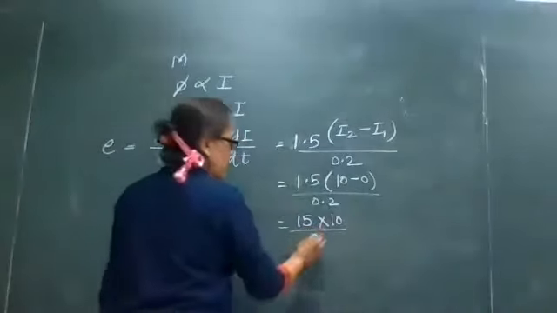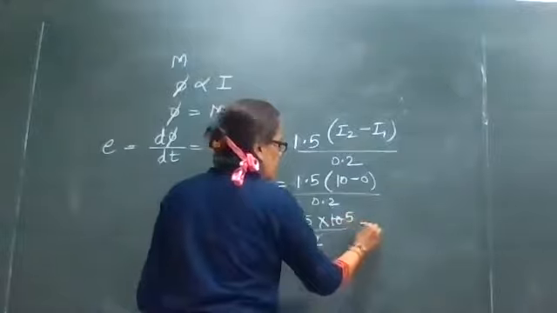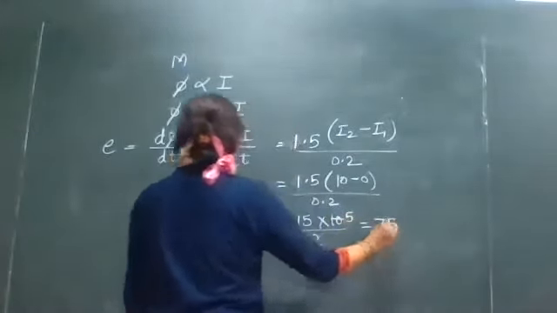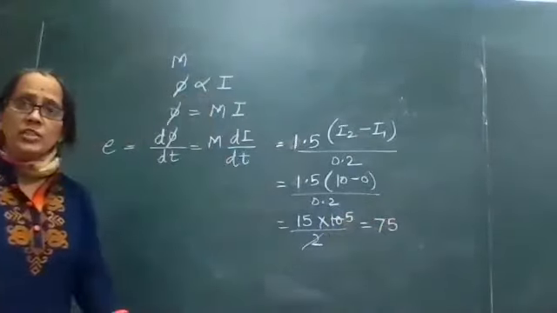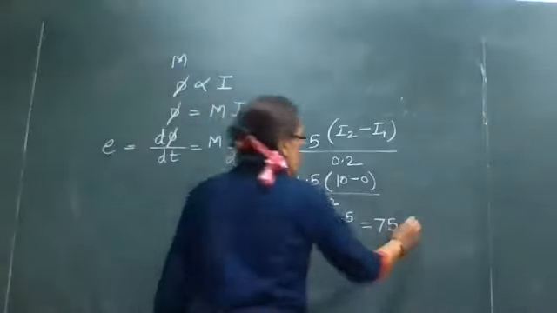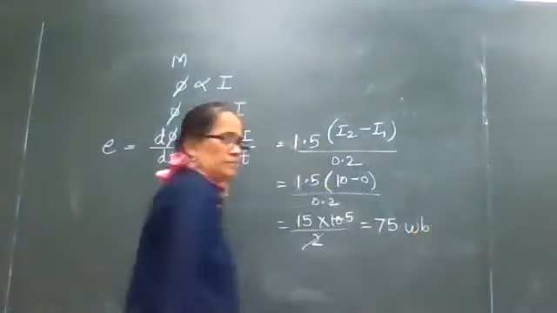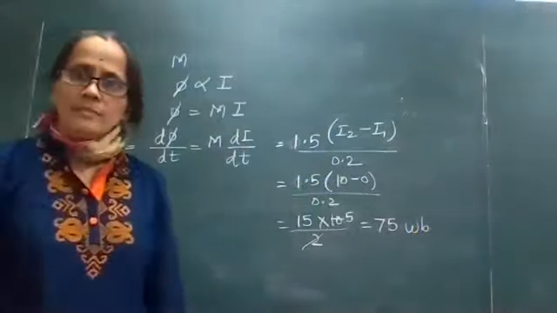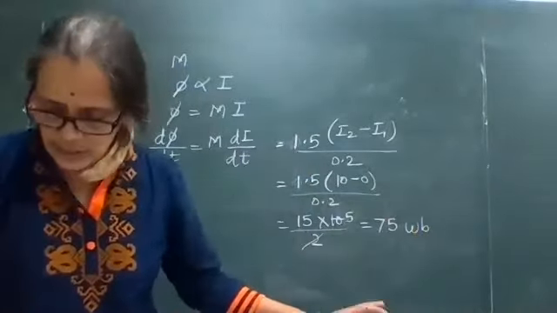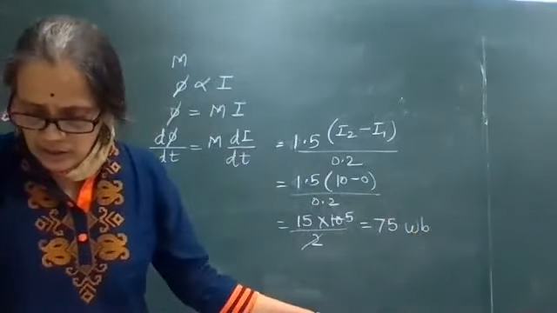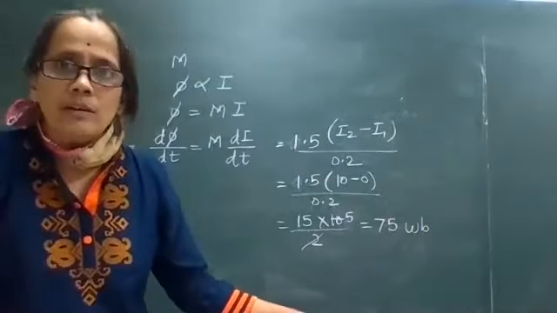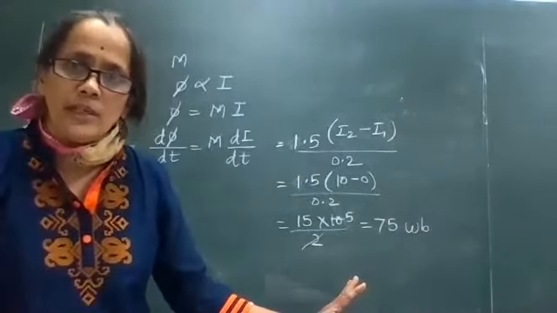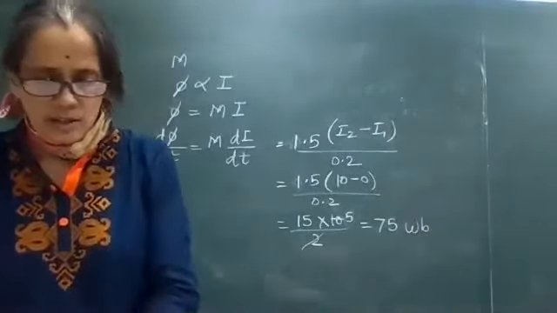So 2 will get cancelled with 10 and a 5. So my answer will be coming 75. And change in flux. Change in flux means unit is nothing but J. Clear? So this is nothing but the change of flux.